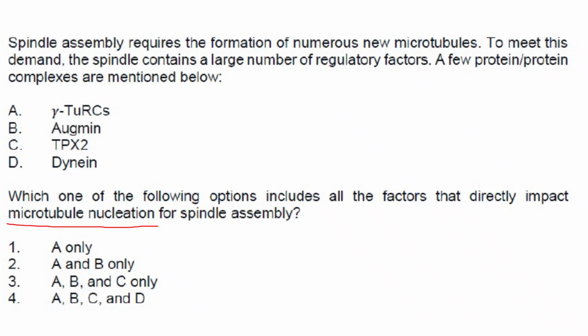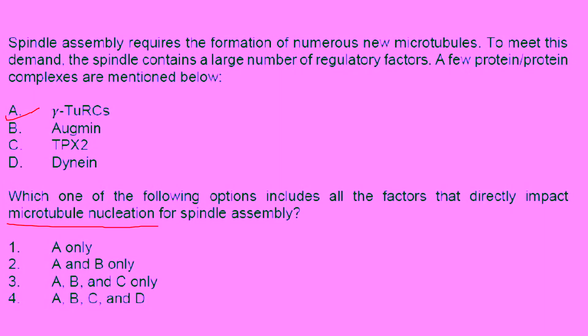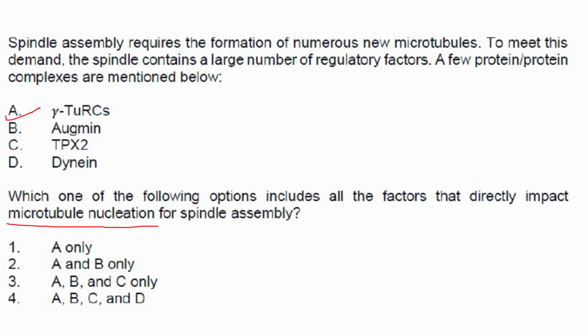So that is involved. Then there is augmin. Augmin is found on the surface of already existing microtubules, and what it does is recruit this gamma TuRC to the spindle and thereby promote nucleation. So that is involved.